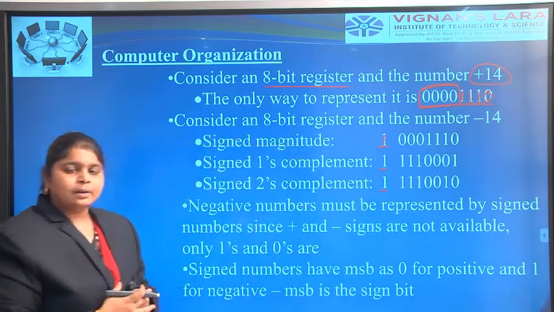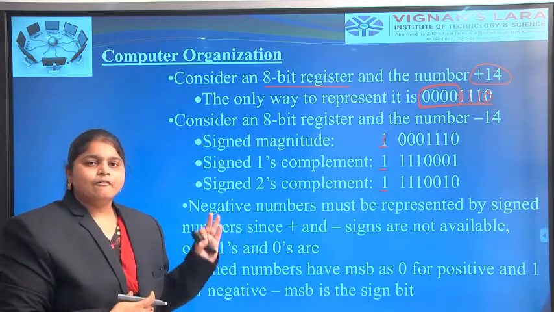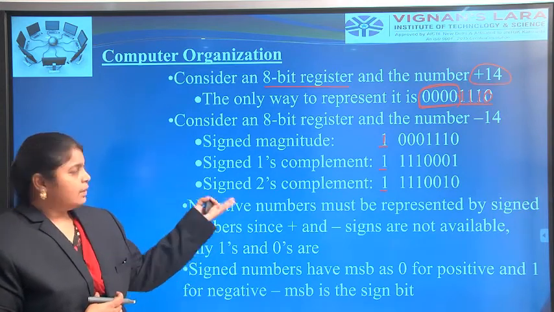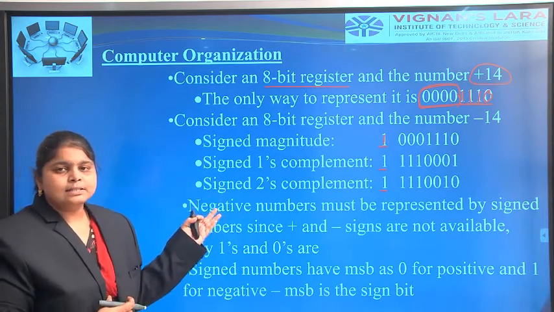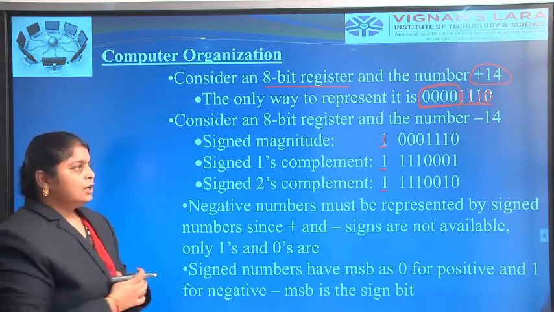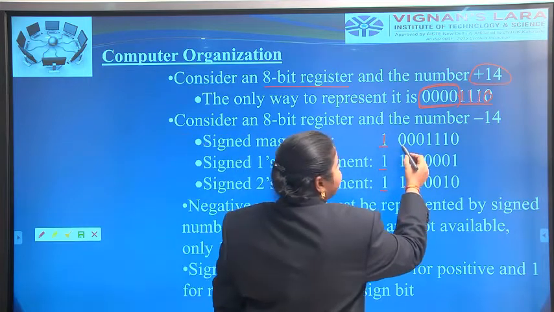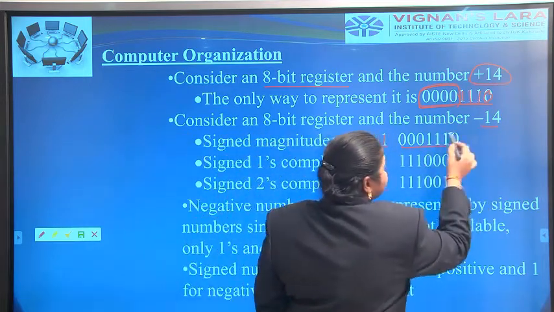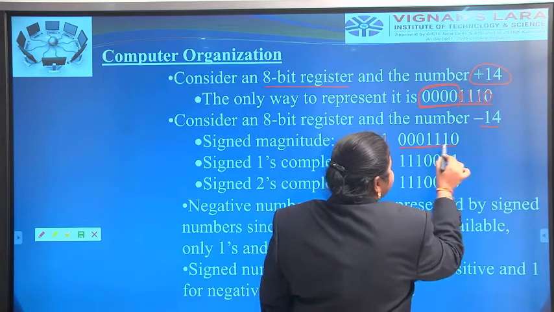In this fixed point representation, if the most significant bit is 1, it is a negative number, and 0 means a positive number. This is also known as the signed field. 14 is a decimal number, which is represented as a binary number.